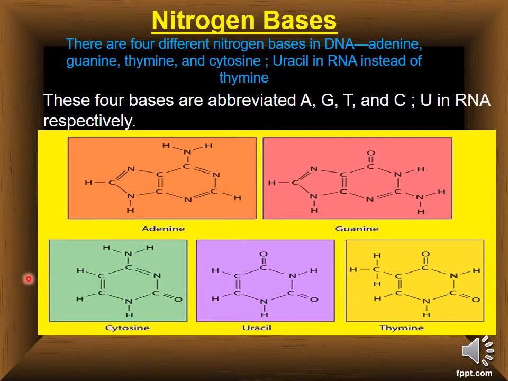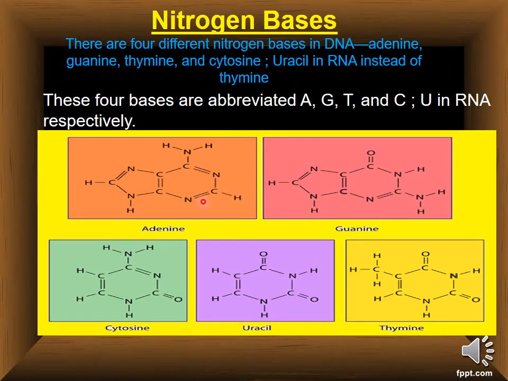Okay, let's start the explanation of the nucleotide. One of the components of the nucleotide, and the most important, is the nitrogen bases. There are 4 different nitrogen bases in DNA: adenine, guanine, thymine, and cytosine, and uracil in RNA instead of thymine. So overall 5, but in the DNA 4.